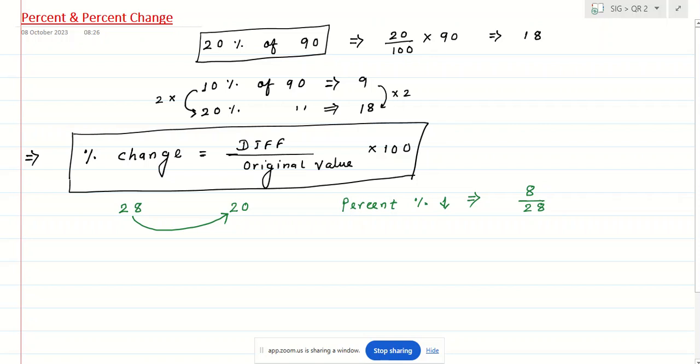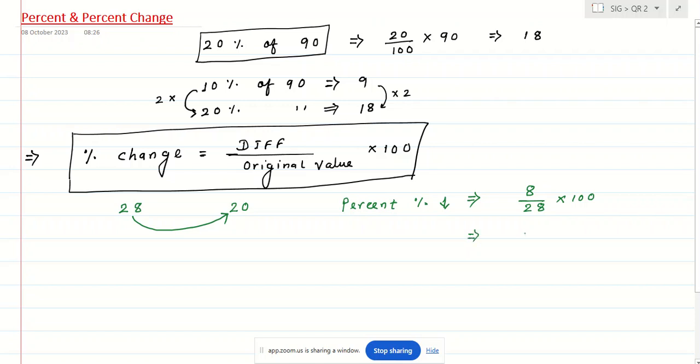Because decrement must happen from the greater value to the lower value. Make sense what I'm talking about? So the original value here is 28, right? Into 100, I'll get the percentage change.